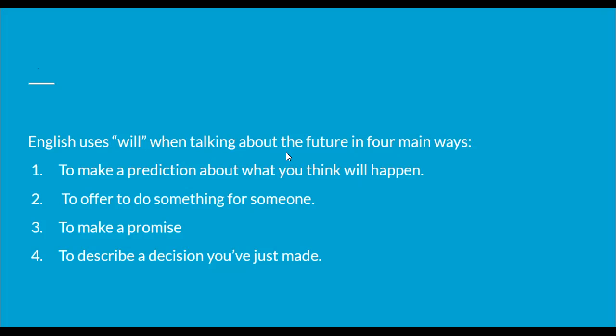So will is used to talk about the future in four main ways: predictions; offers, to offer to do something for someone; promises, to make a promise; and to describe a decision you just made, a decision that's not pre-planned but that you make on the spot.